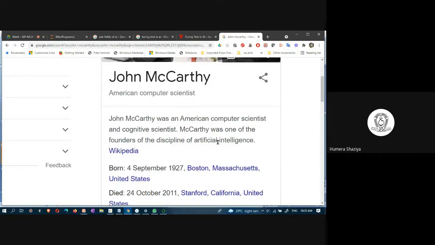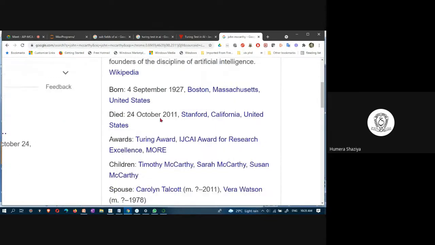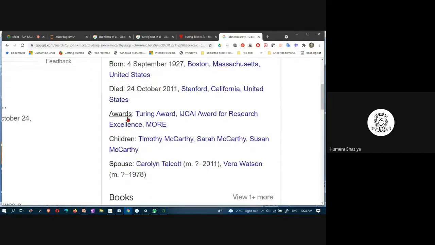This AI phrase or name was proposed by John McCarthy, and he got the Turing Award. The Turing Award is like a Nobel Prize of computer science.